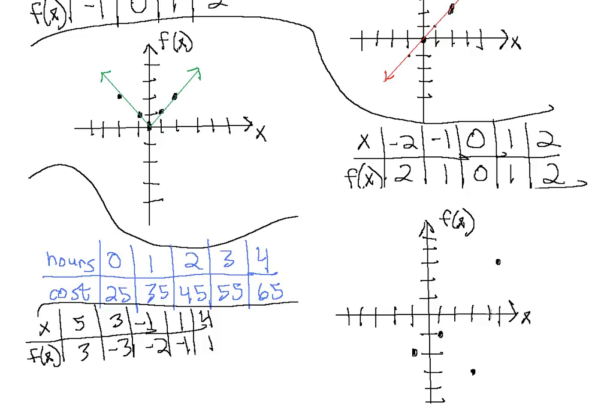And 4, 1, 2, 3, 4, and 1 is right here. Okay, so we simply use a line to connect these dots as straight as we can, just connecting the dots. And we're going to assume that this function is indeed continuous and goes infinitely in both directions.